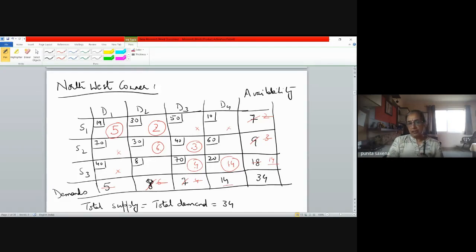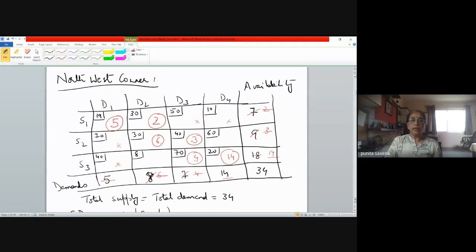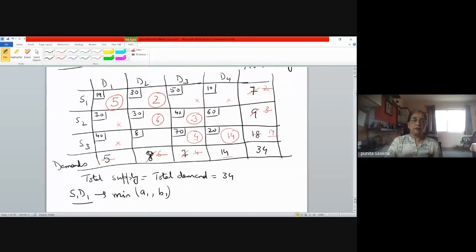So as I said, it's a very logical way of choosing your initial basic solution and then moving on with it. Now, once we have made these allocations, they will be our initial basic feasible variables. So your variables, now this 5 is your x11.